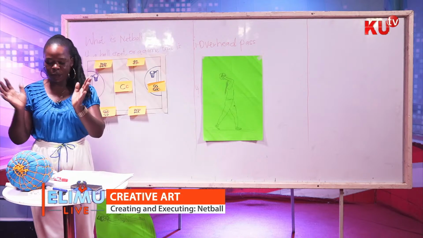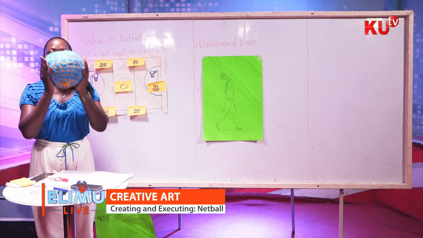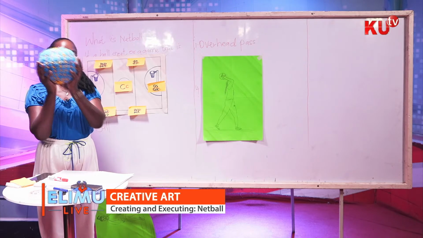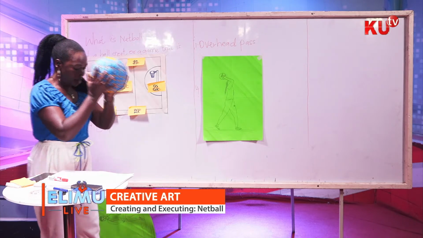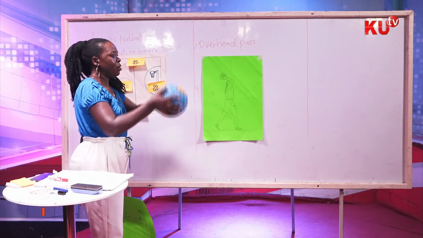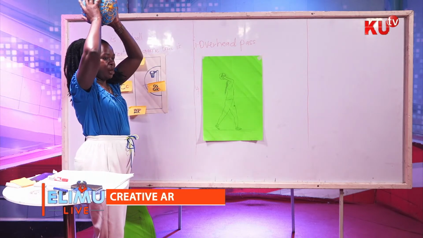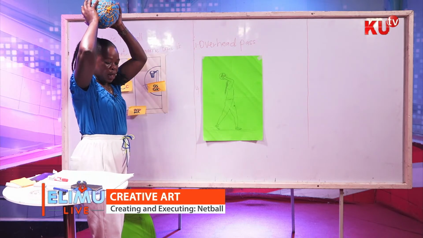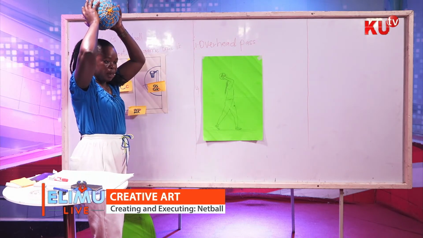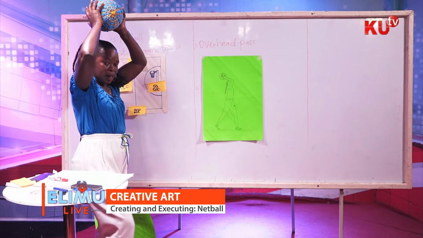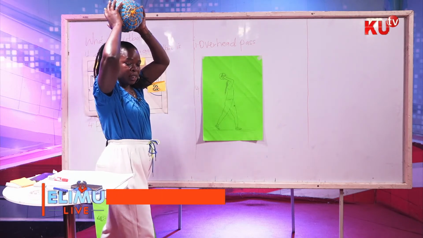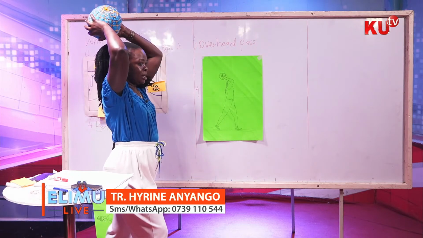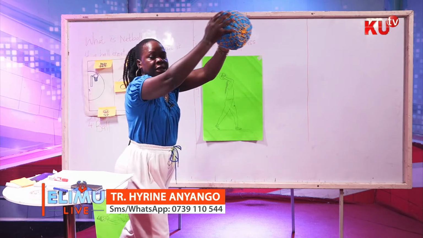Number one, you make sure you hold your ball this way, your hands round the ball in a W shape, and then you lift the ball above your head and bend your elbows, and then you make a stride, your right leg in front and the left foot behind, and then you bend a bit, and then you pass the ball.